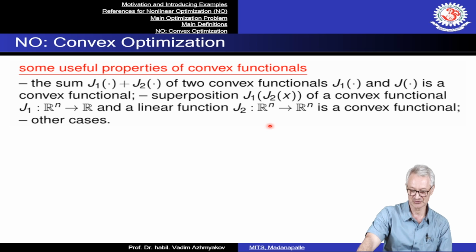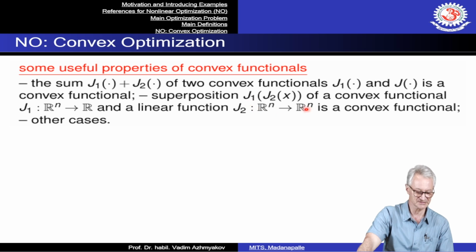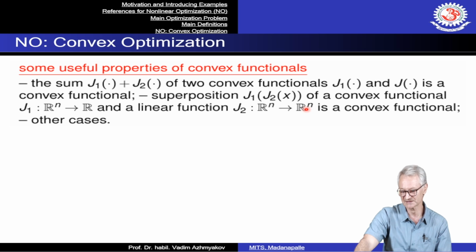The response is no, because we can get a convex functional only in the case of some additional restrictions, for example, in the case if we have G2 as a linear functional. That means the general combination of two convex functionals is not obligatorily a convex functional in the result, but one can select some important specific cases in which this superposition is a convex functional.